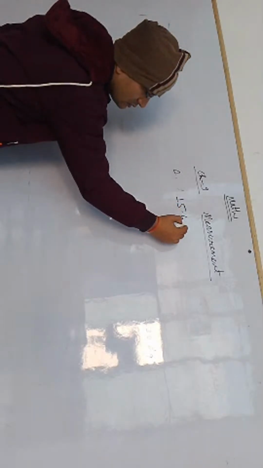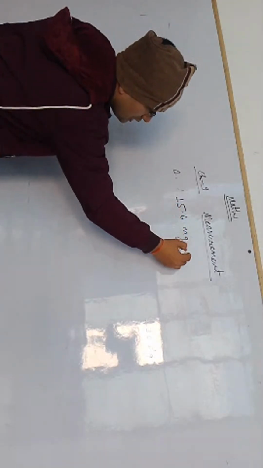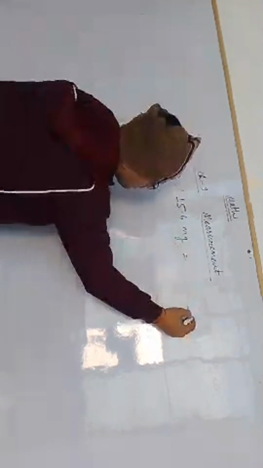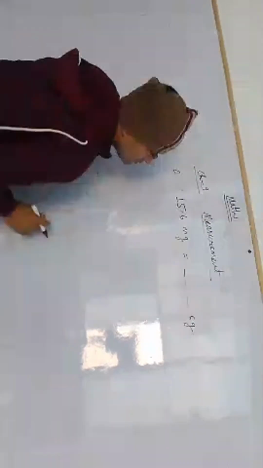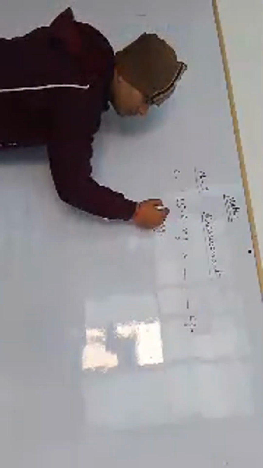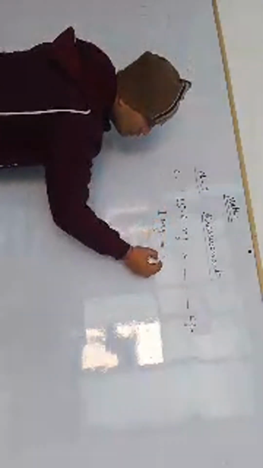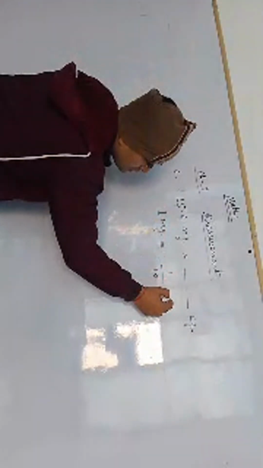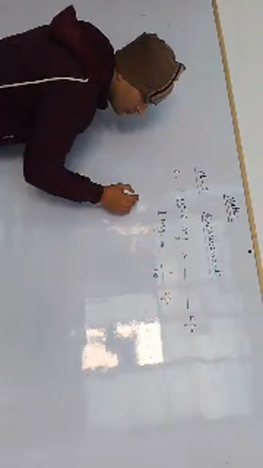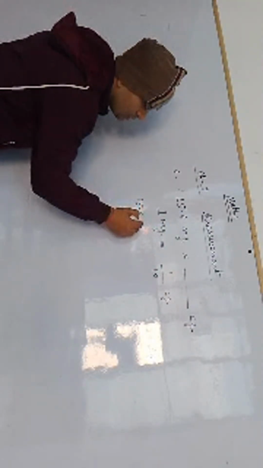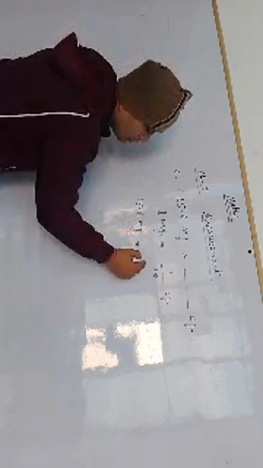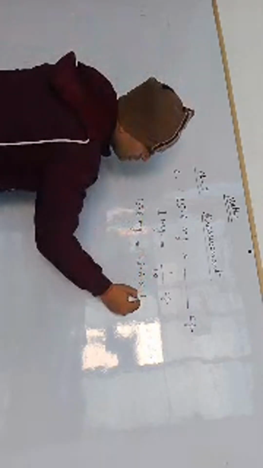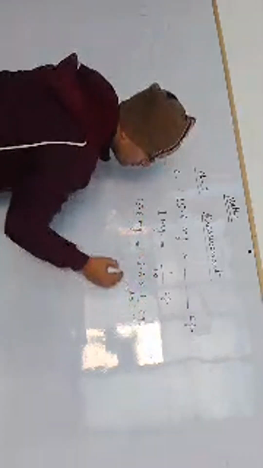15.6 milligram is equal to how much centigram? We know that 1 milligram is equal to 1/10 centigram. Then 15.6 milligram is equal to 15.6 multiplied by 1/10 centigram.